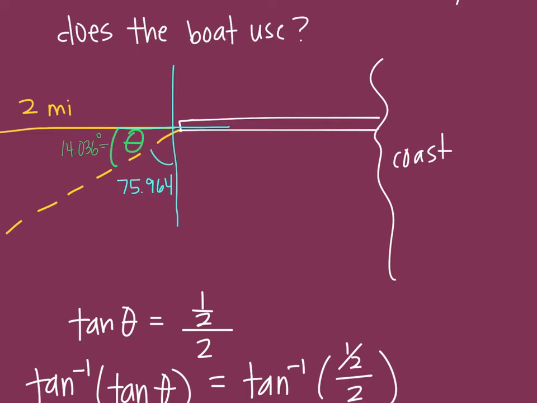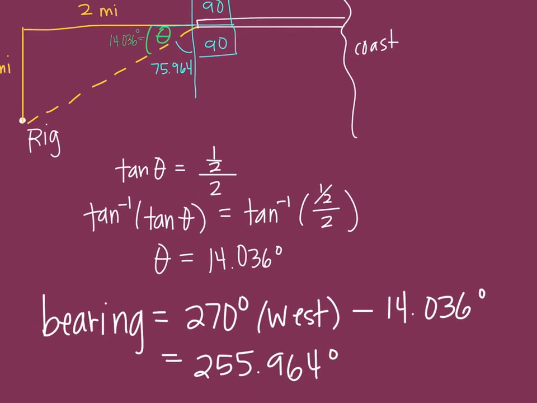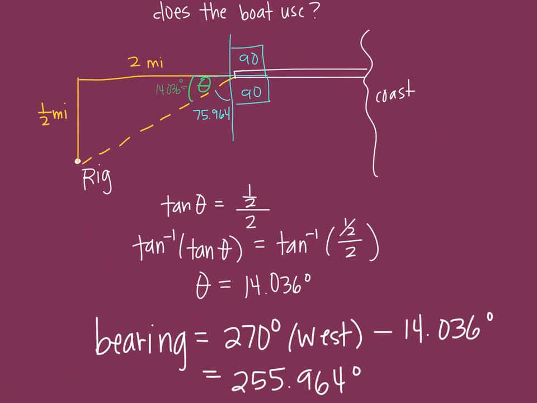Like there's 14 on top, but there's 75 underneath. And then you were saying, well, there's 90 over here in a right angle, and there's 90 over here in a right angle. And so add up 90 and 75.964, and then you get the same answer. So either you can do it by adding things up, or you can start with 270 and subtract, and you get the same answer either way. And so that's the bearing.